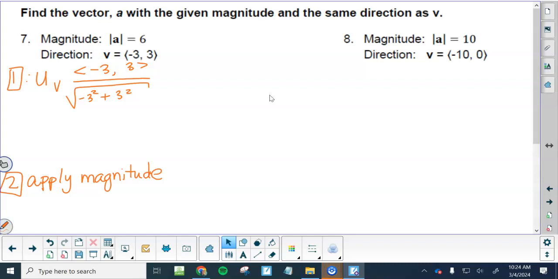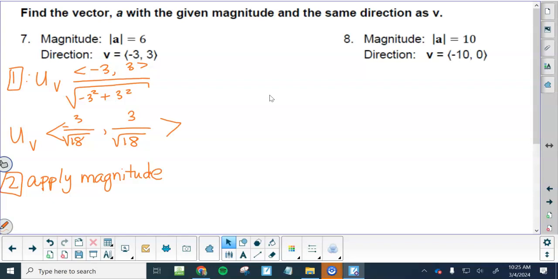So the unit vector in component form, square root of 18 down there.